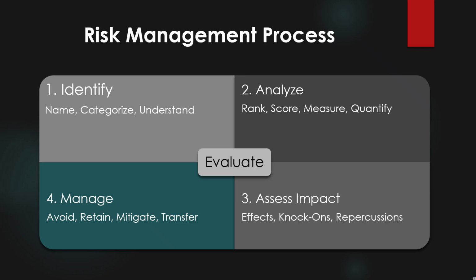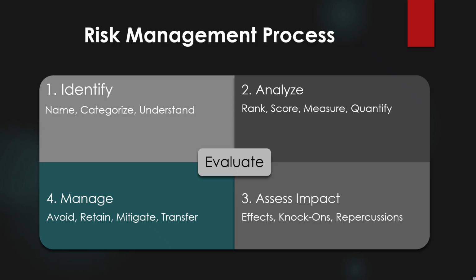Step 3, evaluate risks. You assess whether your risk exposures are acceptable given your risk appetite and compare them against limits. Step 4, manage risks. You decide how to respond: avoid, retain, mitigate, or transfer the risk. Then the cycle repeats. Risk management is continuous, not a one-time exercise. Markets change, new products are launched, regulations evolve, so you constantly circle back to identification.